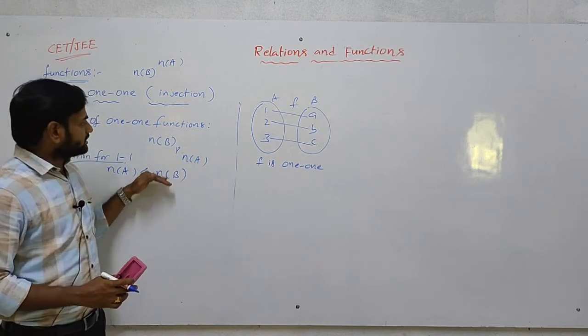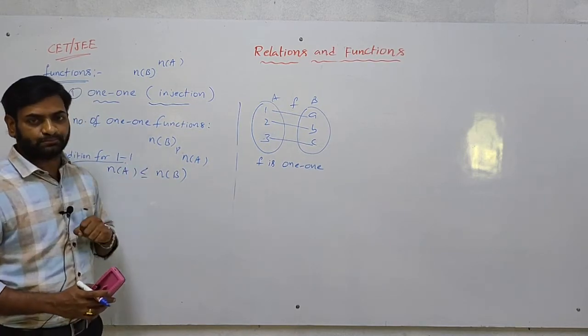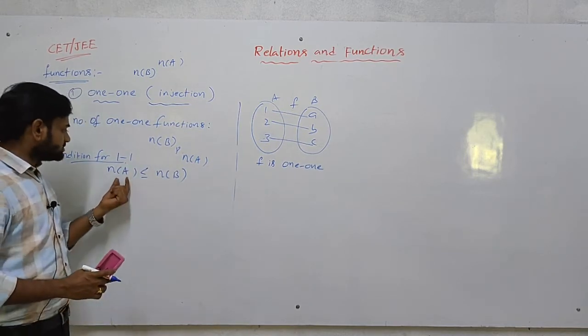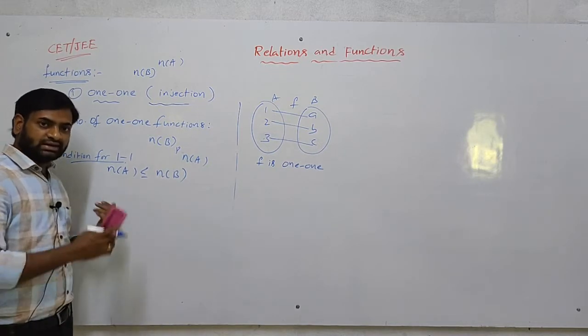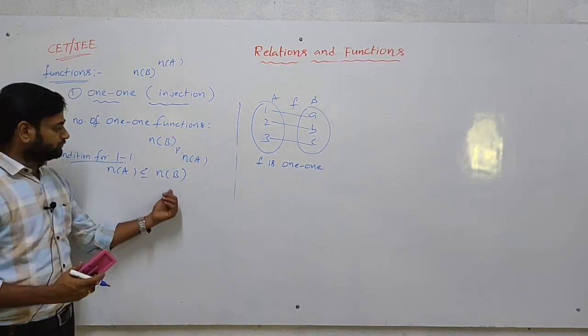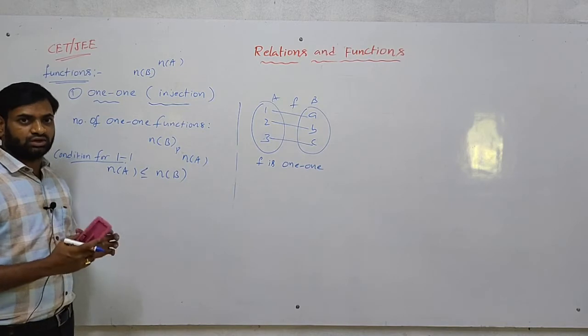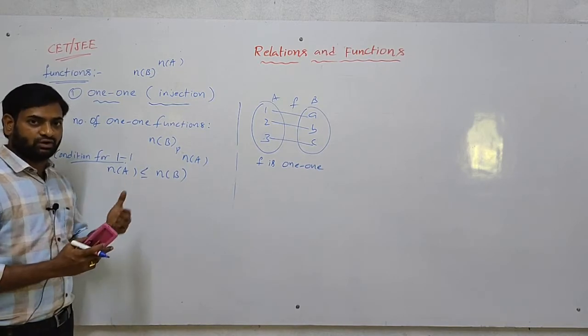Then only can you get the number of 1-1 functions. The number of elements of A should be less than or equal to n of B. Then only can you form 1-1 functions.